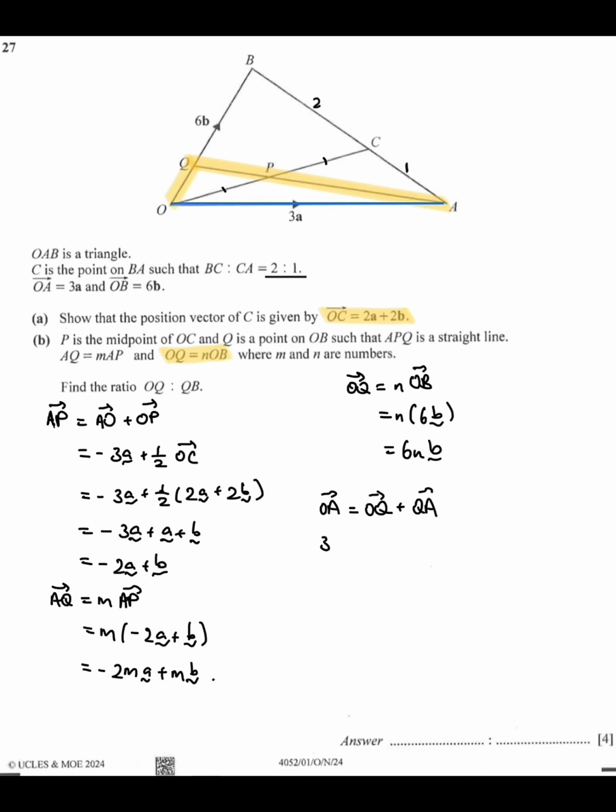OA is given to be 3A. OQ was found to be 6nB. And we found AQ, so to get QA, we put the negative of AQ, which is positive 2mA minus mB. Expanding and simplifying, we have this equation now.